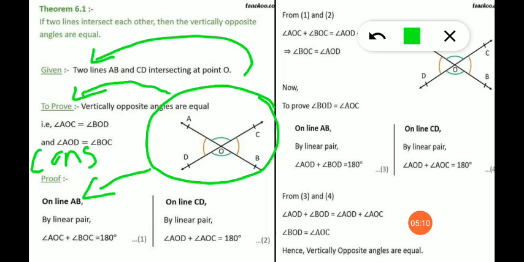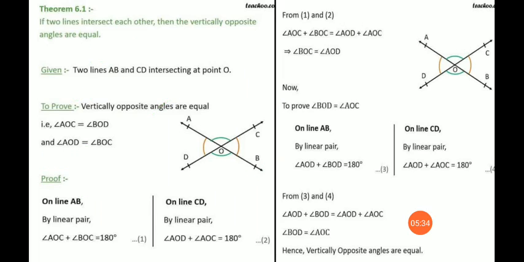These are the steps of solving any theorem or any question in which we have to prove something. If we skip any step, we are giving the examiner a chance to cut our marks. Got it, students?